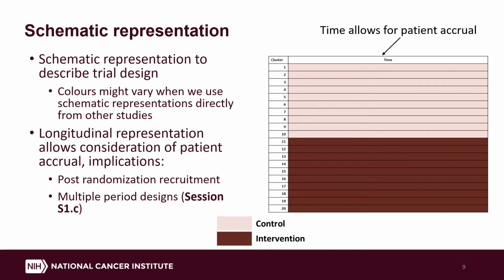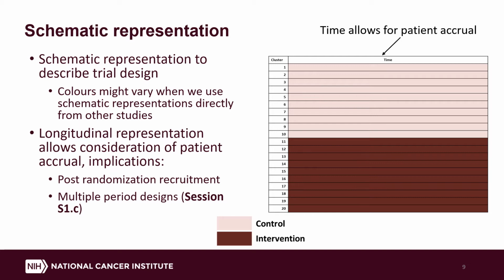So in this example here, we've got 20 clusters. The first 10 clusters are randomly allocated to the control condition, and the second 10 clusters have been randomly allocated to the intervention condition.